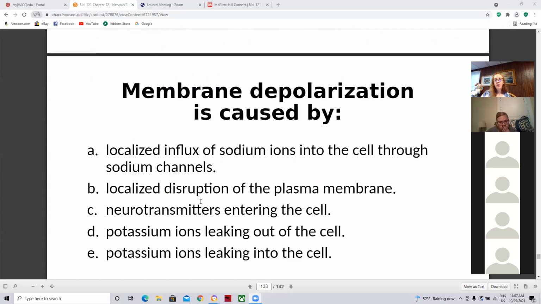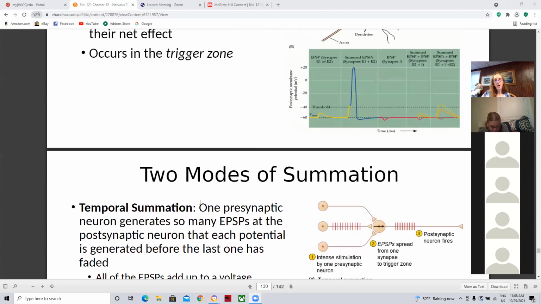Okay. Membrane depolarization is caused by what? Don't scroll back, don't look too far back.